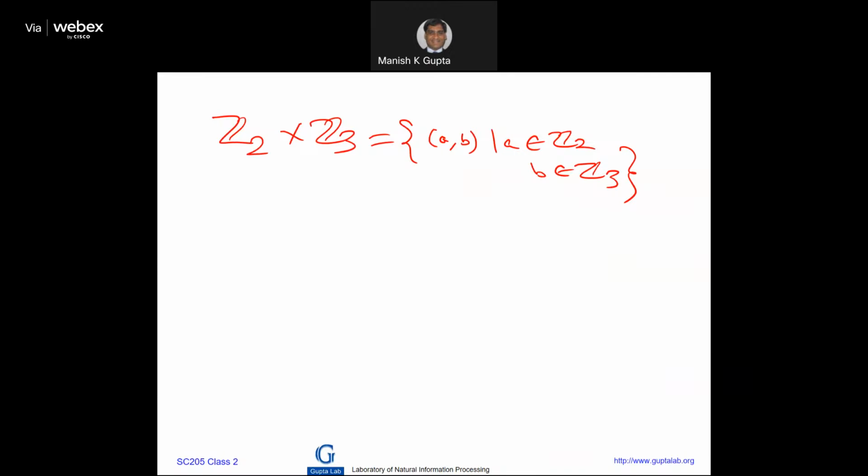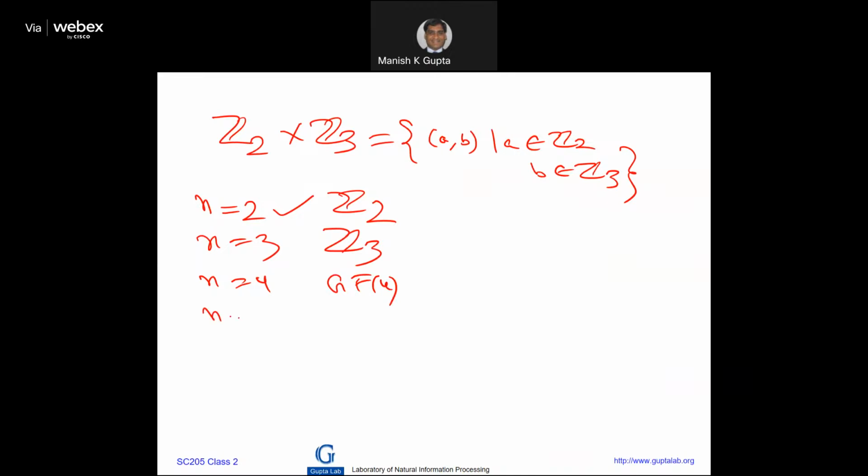Now we go to the next one. We know that n equal to 2, there is a field Z2; n equal to 3, Z3; n equal to 4, GF4 is a field; 5, Z5; 6, no field at all; 7, integers modulo 7, yes.